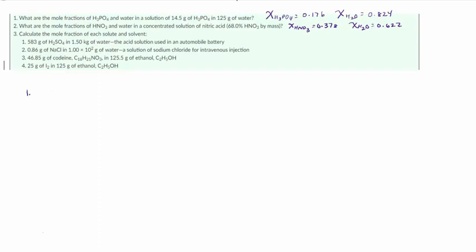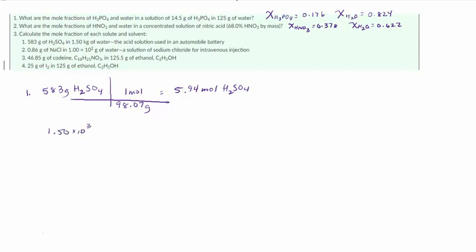Number 3, we're going to calculate some more mole fractions here. We'll start with 583 grams of sulfuric acid. Convert that to moles. And we have 1.50 kilograms, or 1.50 times 10 to the third grams of water.